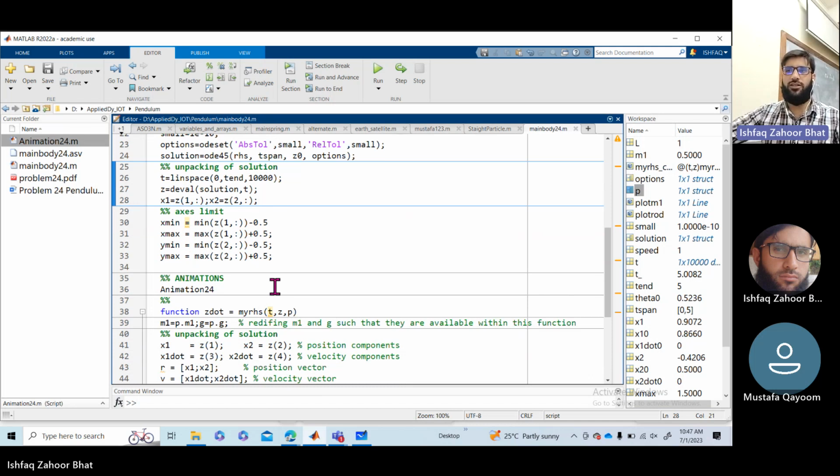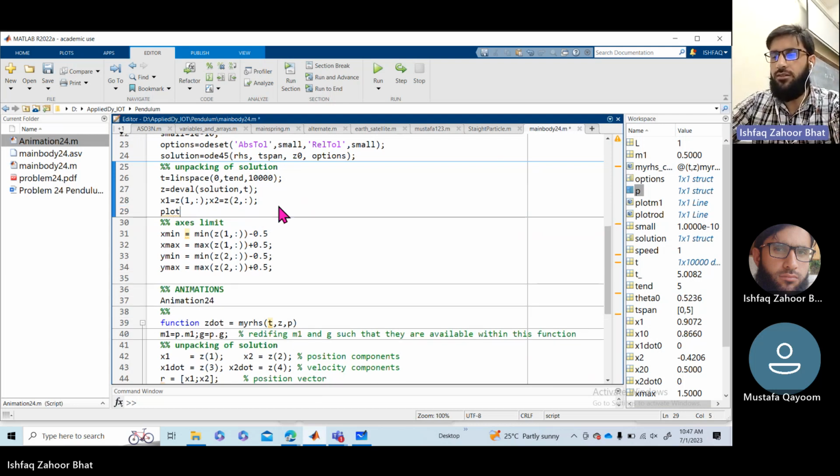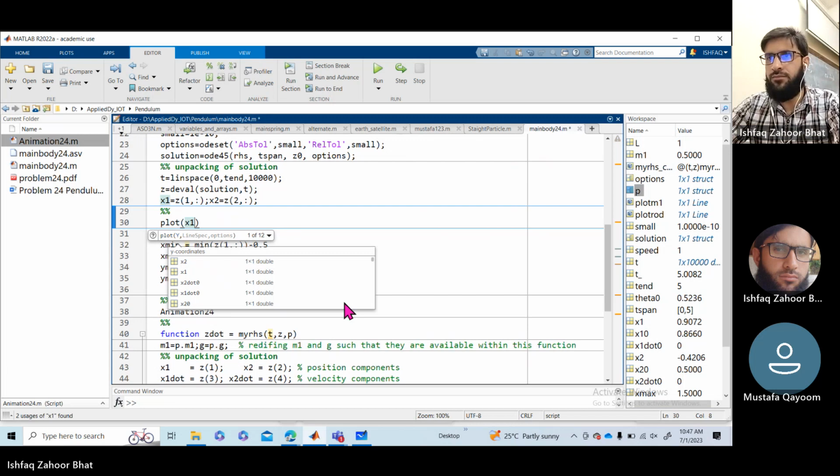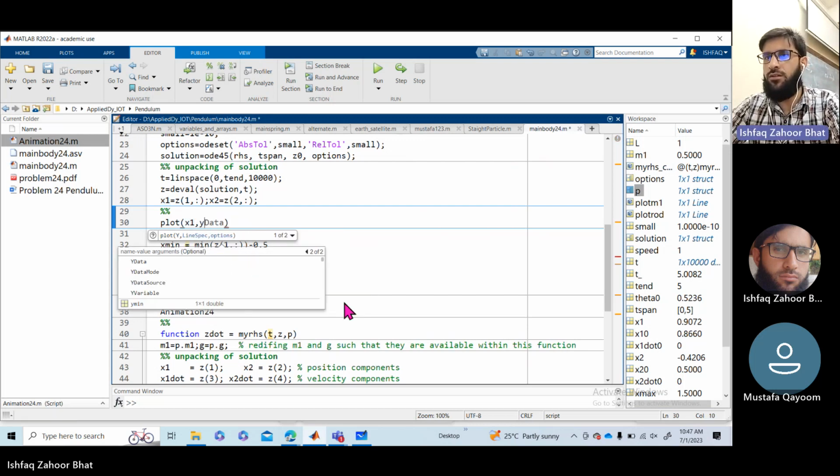Now how to animate? We have got our solution. You can plot this. So okay, let us go and plot. Plot x1 comma y1.